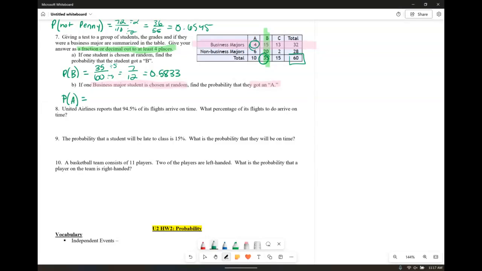So there are 4 business major A's out of 32 total students. So sometimes that total is going to change. Okay, I can reduce this to say 1/8, or let's see, 0.125.